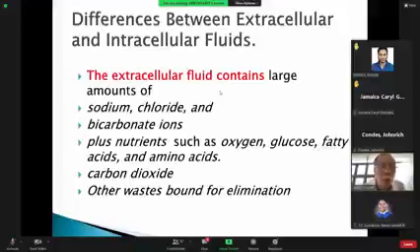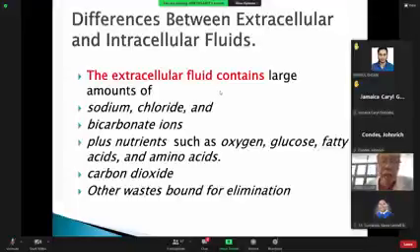Carbon dioxide is also abundant because that is where the carbon dioxide is discharged from the mitochondria to the blood and onto the lungs. Other waste products are also found in the ECF. Most waste products coming from inside the cell are discharged into the ECF for transport to the organs where they are eliminated.